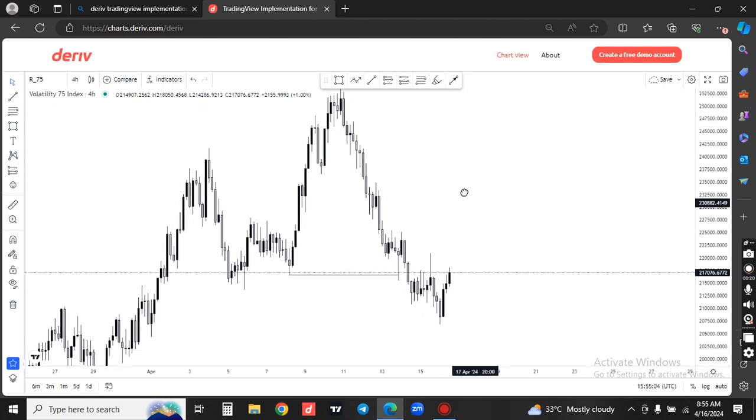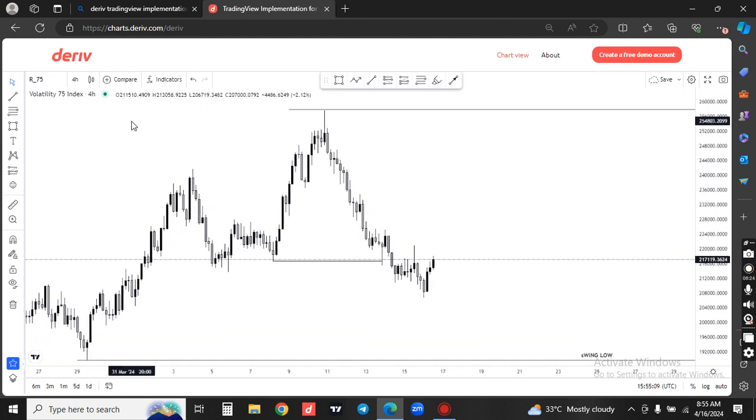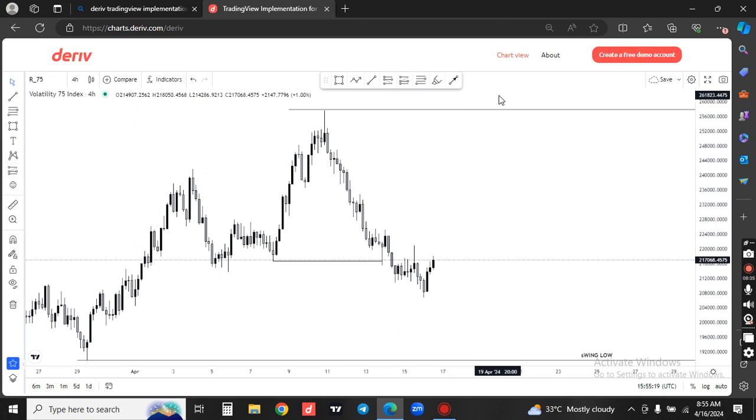All right? The market structure shifted from bullish towards bearish. So right now at this juncture, we are only going to be selling our market. We are going to be looking for potential to sell.